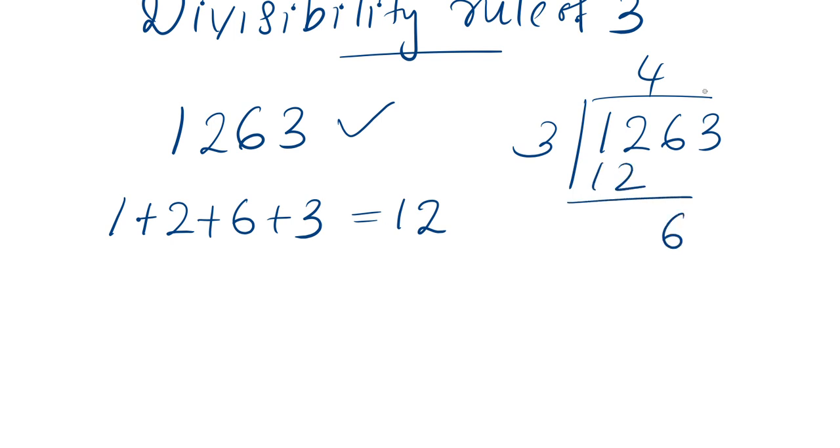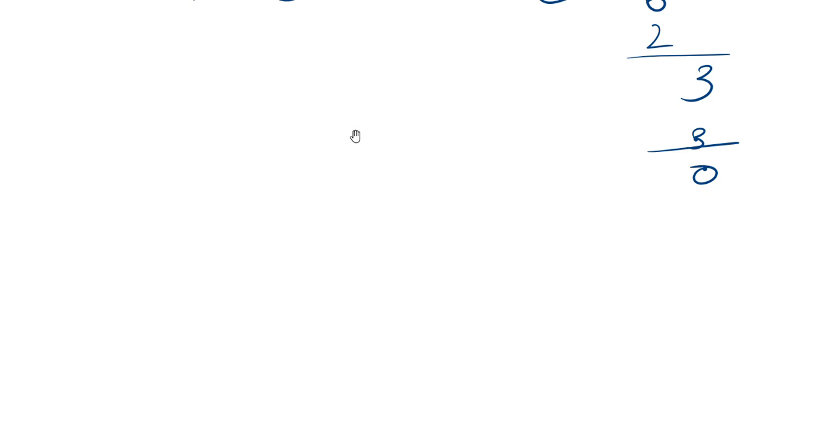Bring down the next digit 6. 2 times 3. Then bring down the next digit 3. 1. So there is no remainder. The remainder is 0. That means this number is divisible by 3. So we can say when the sum of digits is divisible by 3, that number is divisible by 3.